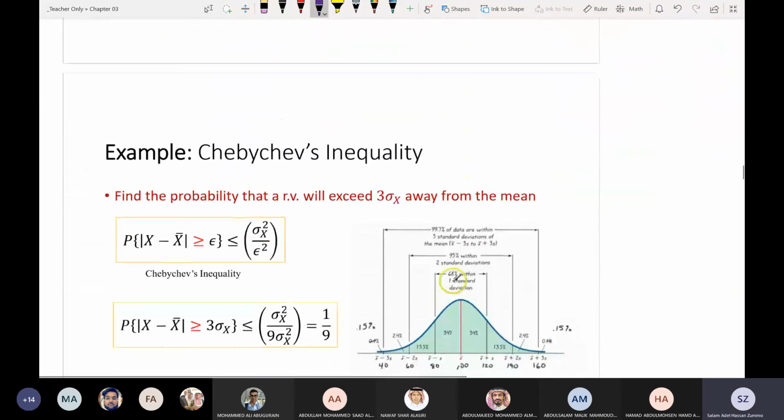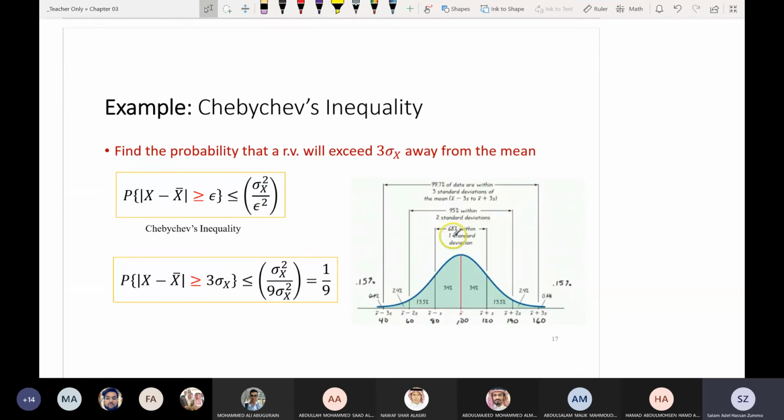Now let's have an example of Chebyshev's inequality. Find the probability that a random variable, and we did not tell you it's Gaussian or uniform or exponential or whatever. This is for general random variables.